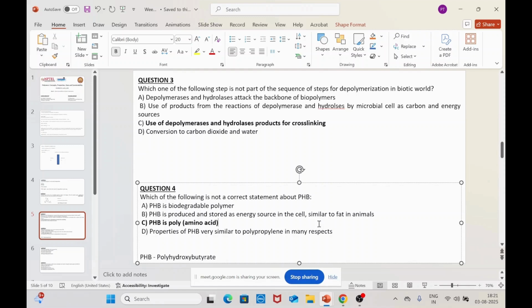So if it is not a polyamino acid, then what kind of polymer is PHB? It's a polyester group.